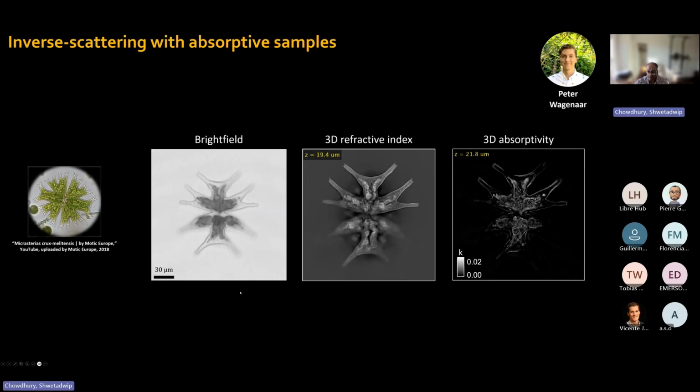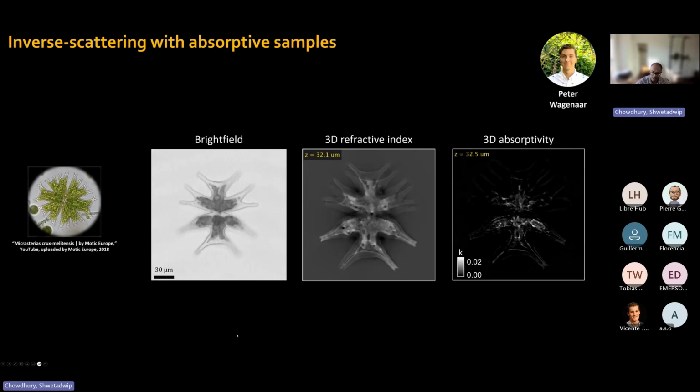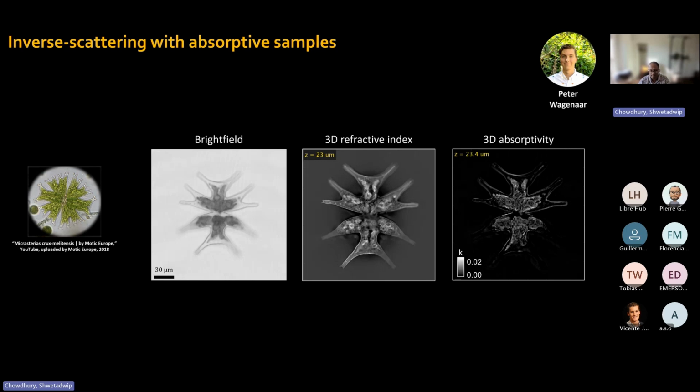If we allow refractive index to be complex valued, remember the imaginary part of refractive index encodes absorptivity. So we can get 3D refractive index, which is the conventional refractive index, as well as 3D absorption-based imaging. This is really interesting for us now because we're going to try to see if we can use this method to detect absorption-based signatures in scattering structures.